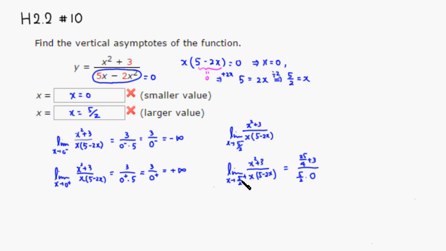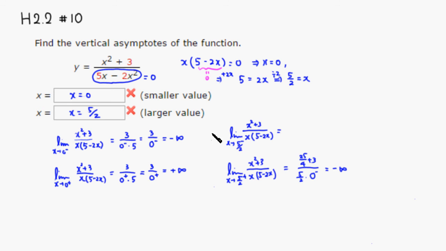If you put something slightly bigger than 5 halves, so slightly bigger than 2.5, 5 minus 2 times something slightly bigger than 2.5 is going to be slightly negative. Positive divided by negative is negative, and a positive number divided by 0 is infinity.